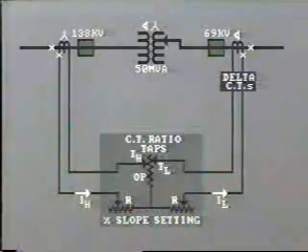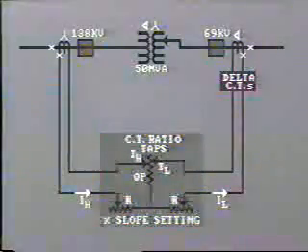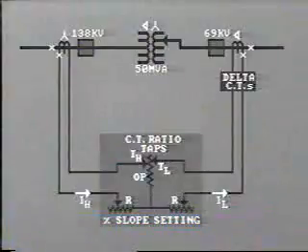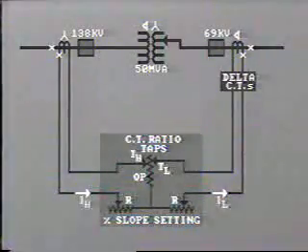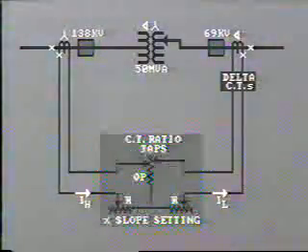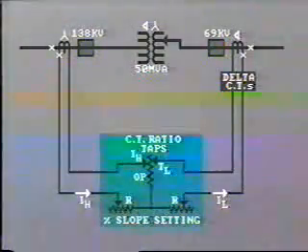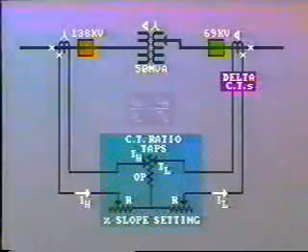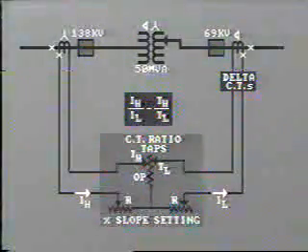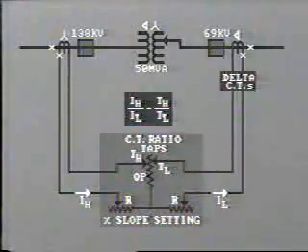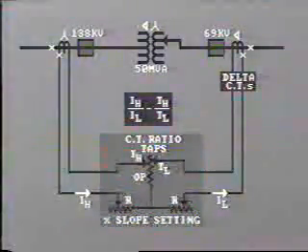In fact, this mismatch can be evaluated by comparing the difference in the ratio of high side current to low side current against the ratio of high side tap setting to the low side tap setting. That is IH over IL minus TH over TL. Let's look at our example again.